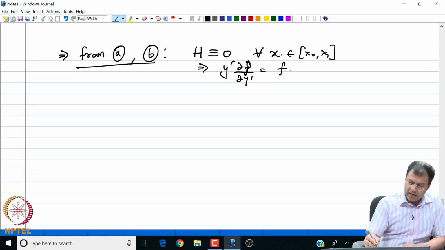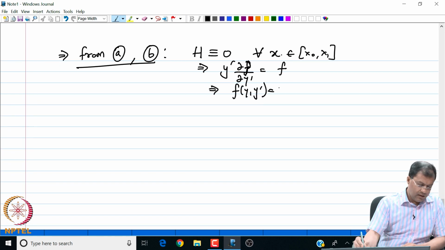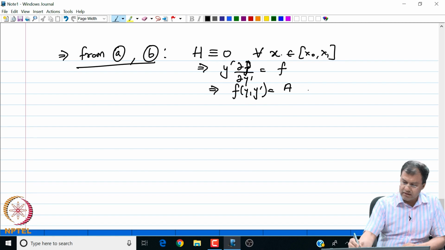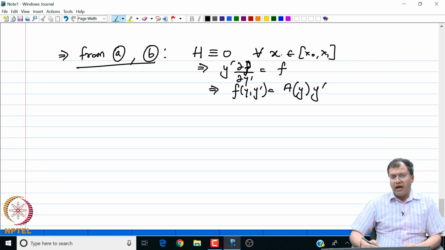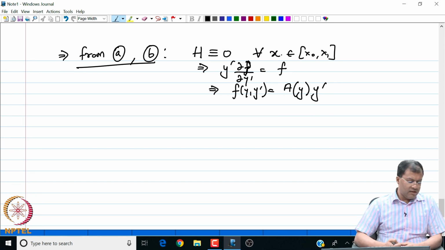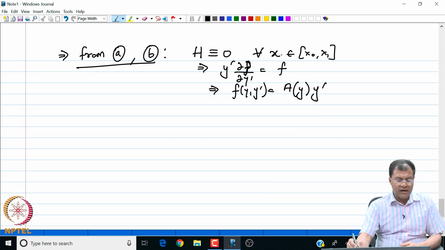If I integrate this relation, I see that f of y, y prime is equal to a y times y prime, which means that this class of functional with variable endpoints such that the y coordinate is fixed can only be solved if the integrand is linear in y prime.